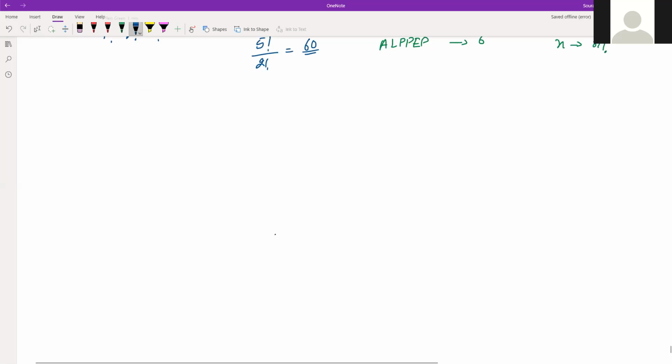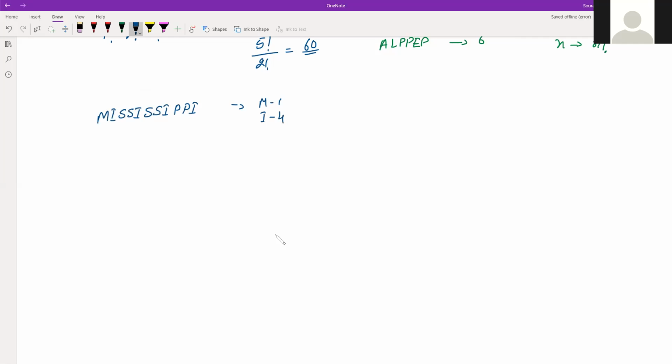One very common example is Mississippi. The spelling is like this: M-I-S-S-I, again double S-I, and again double P-I. If you see here, M is only once. How many occurrences of I are there?